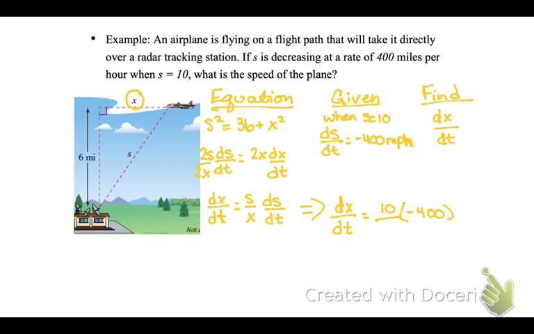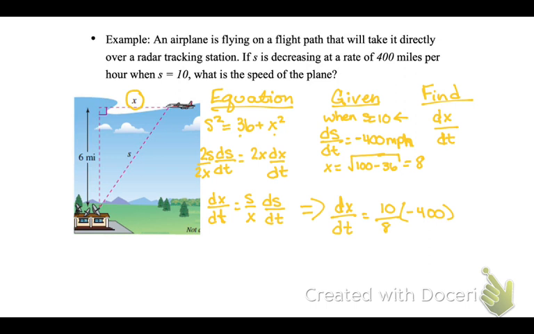If I have s is 10 and I have 36, can I find x squared? So x would equal the square root of 100 minus 36, which is 64, and the square root of 64 is 8. So x is 8.